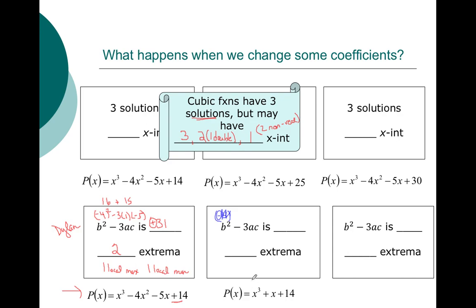What is b? B is the coefficient of the squared term. Where's the squared term? Oh, what must its coefficient be then? 0 minus 3 times a times c. I don't really care what the numerical value is, but 0 squared is 0, minus 3 times 1 times 14, right?